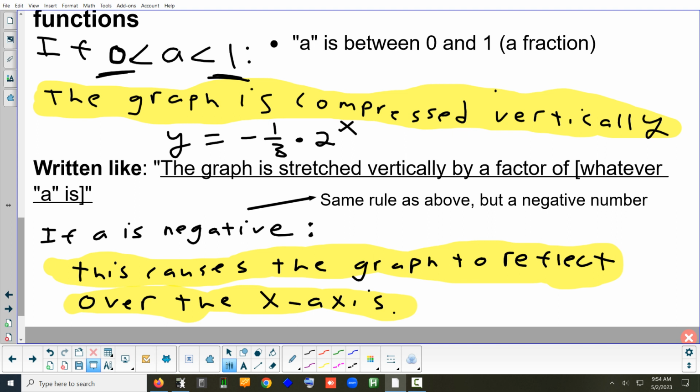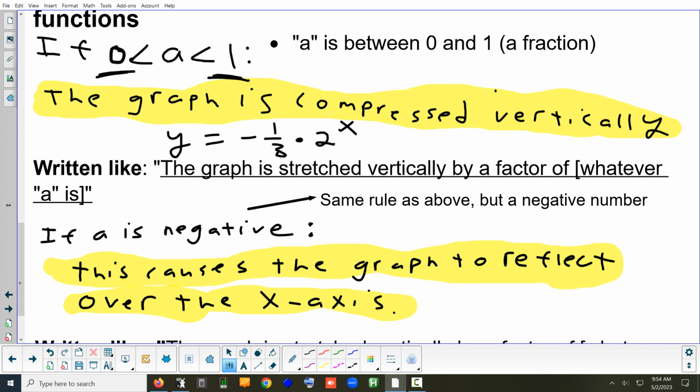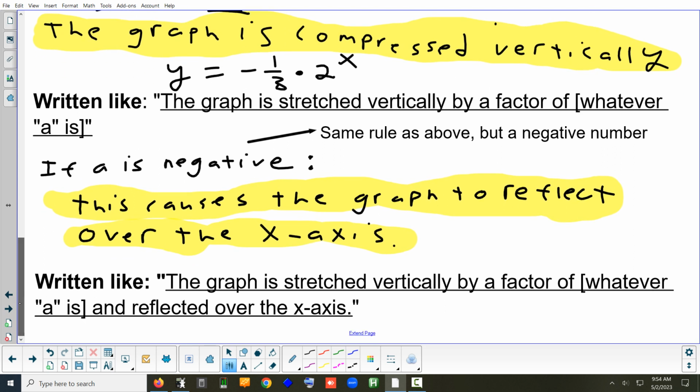And the negative is going to cause a reflection over the x-axis. So there's no change in what the negative is going to do. So under the part that says written like, the two written likes on your guided notes today are the same as they were yesterday. Word for word, they should be exactly the same.